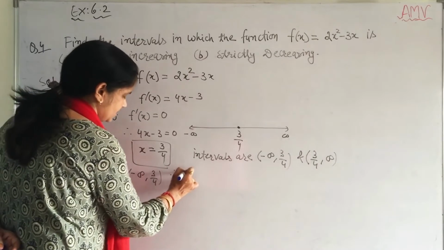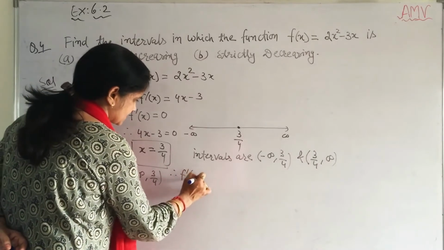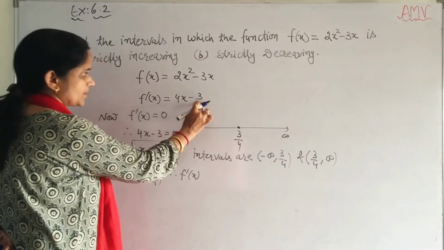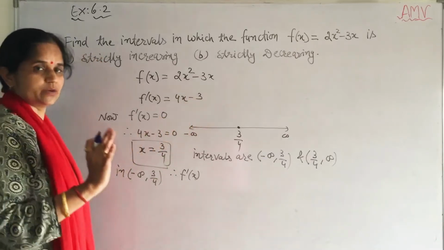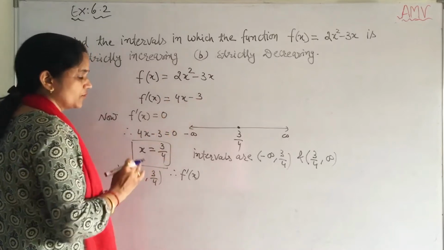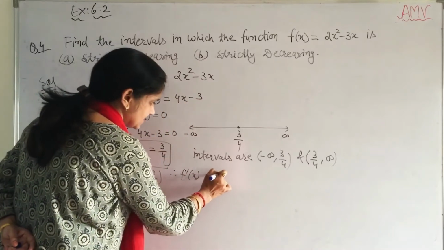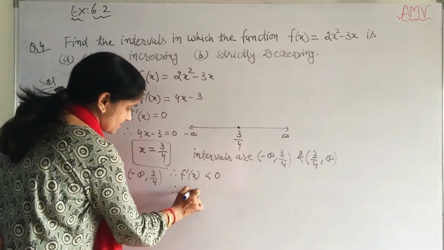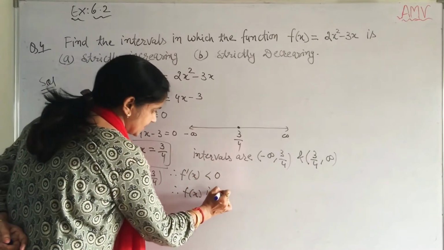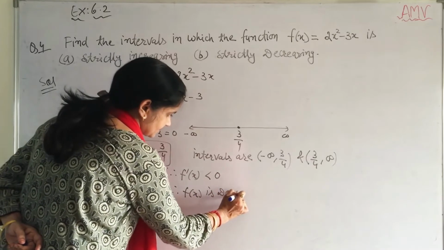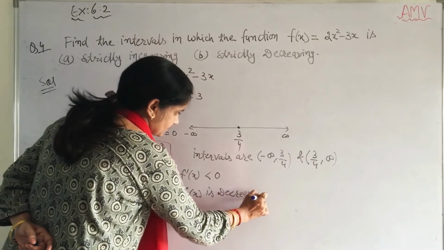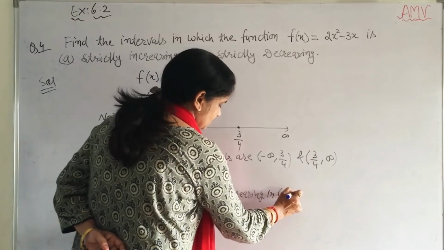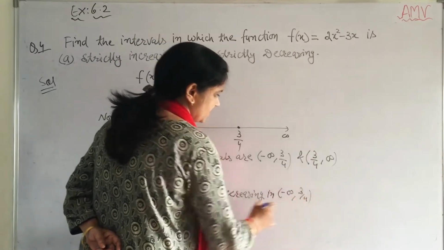Here f dash x is 4x minus 3, and if you substitute a value less than 3 by 4, you will get less than 0. F dash x less than 0 means f(x) is decreasing in this interval, minus infinity to 3 by 4.